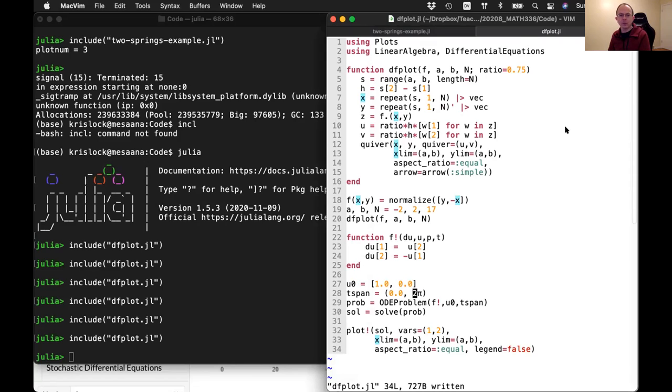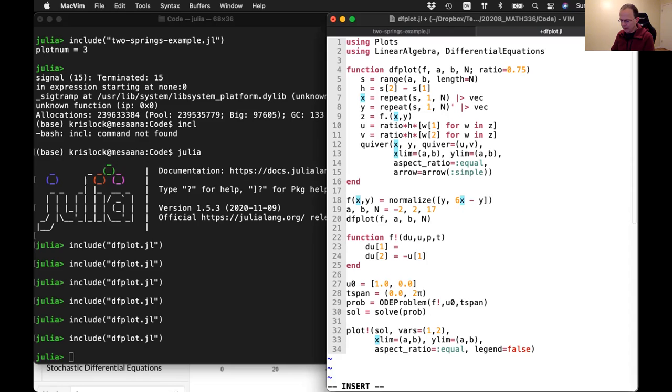Okay, so we're going to look at this DF plot. Let's replace this. So x prime is equal to y, and y prime is 6x minus y. And also update this as well.